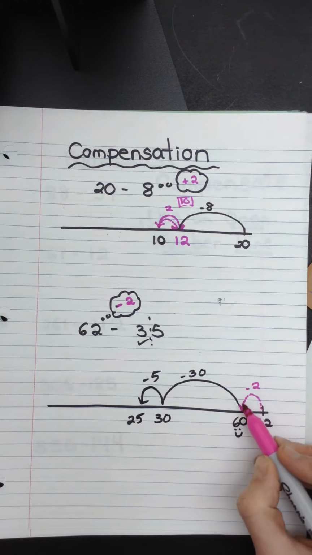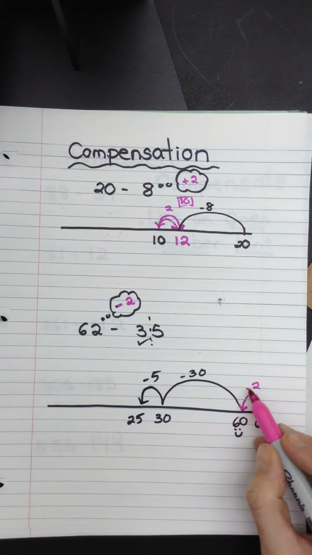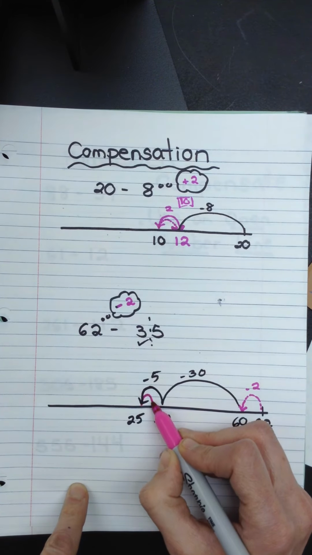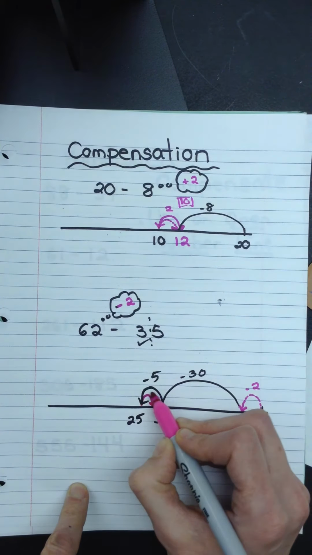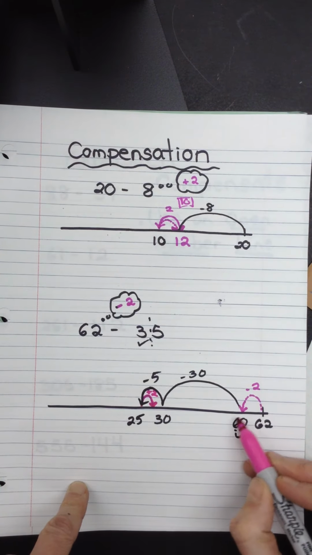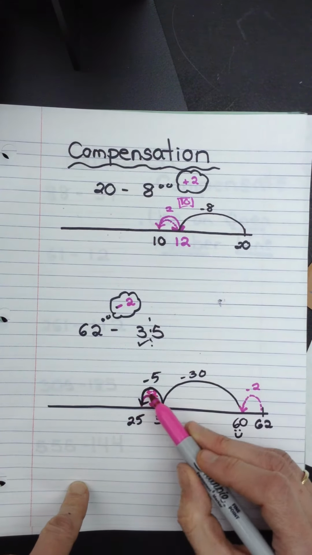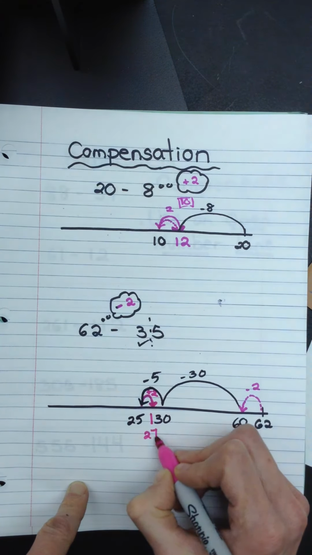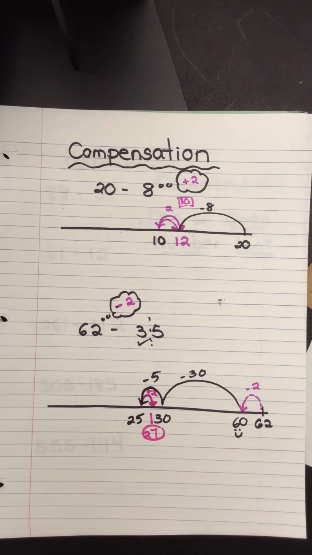If I went 2 that way, I got to take it back and go the other way. So now I got to go back in here and say, no, sorry to break your heart. There's actually 2 in there, right? If I took 2 away to make a friendly number, I got to give that 2 back. So 25 plus 2 is 27. And that's my answer. That's my difference.